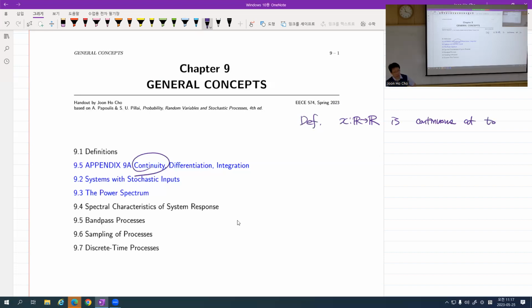What does that mean? If the limit of x(t) when t tends to t0 equals, anybody? Yeah, that is high school level. As I told you, you must write this way.